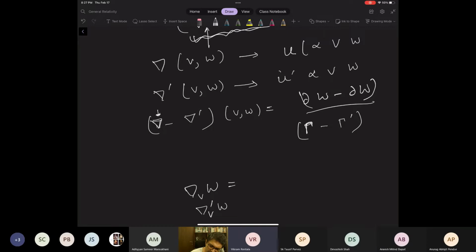Yeah, I think the tricky part without going to exact coordinates is to show that this is linear in W. Basically, the fact that these derivative terms, that term looks like V of f times W. What is f?